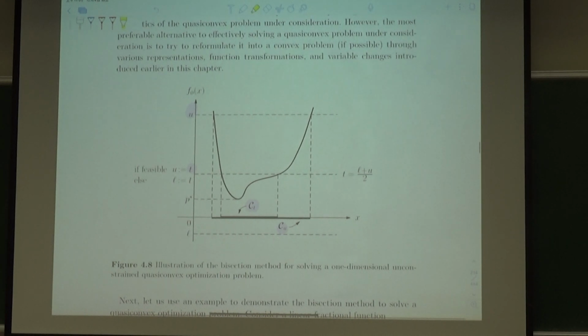Suppose your C_t is here, and your t is here. Bisection means you choose a lower bound and an upper bound of the objective function.